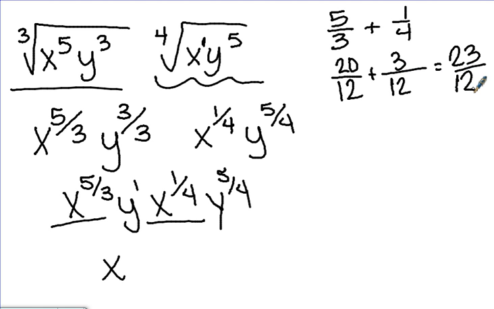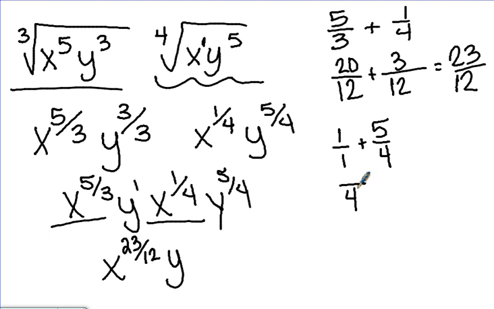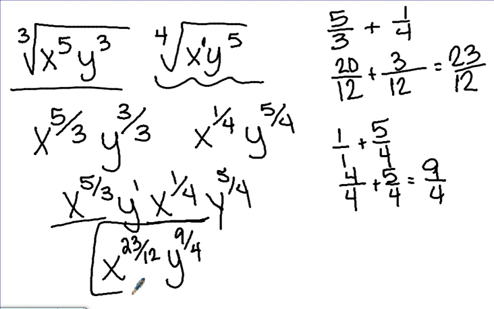So the exponent for x is 23/12. Then we want to add our y terms. Now we have y to the 1st, and we have y to the 5/4. Common denominator is going to be 4. So 9/4 is the exponent for y, and that is your final solution.